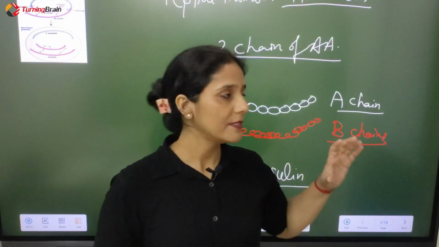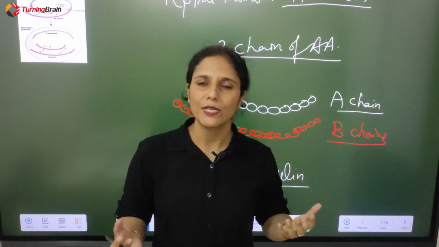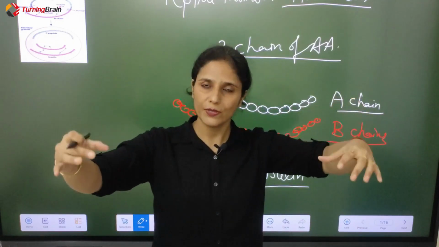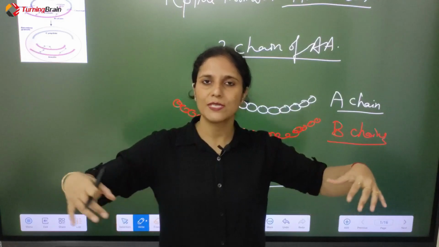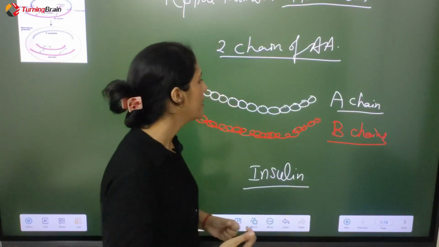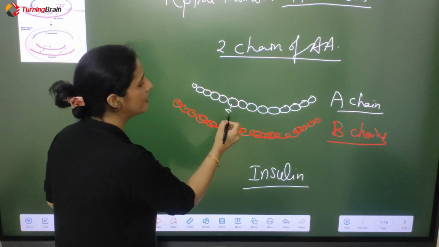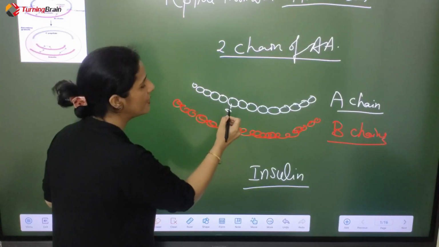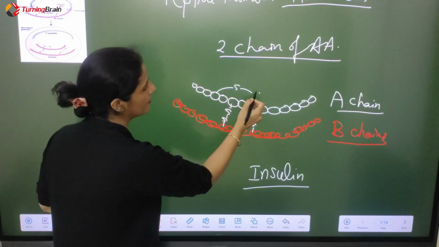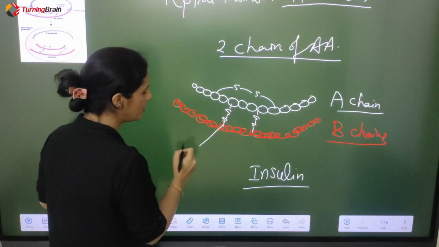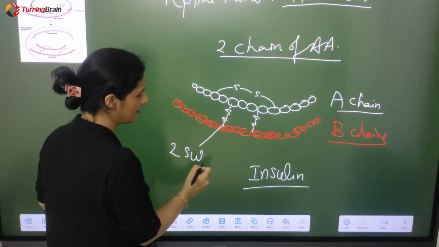And you know that A chain and B chain both are made up of amino acids. So multiple amino acids in a particular sequence make the A chain. Another, multiple amino acids in a sequence make the B chain. And they are attached with each other by the help of disulfide bond. There are two sulfur, fine.